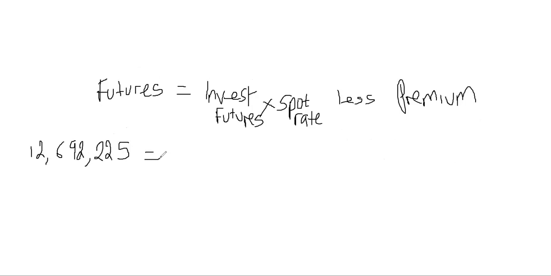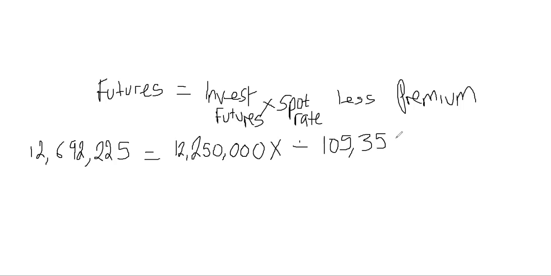With these futures, how much did we invest in the futures? 12,250. $12,250 times the spot rate, which we don't know, which is X, minus the premium of 105,350. So we have the 12,692,225.